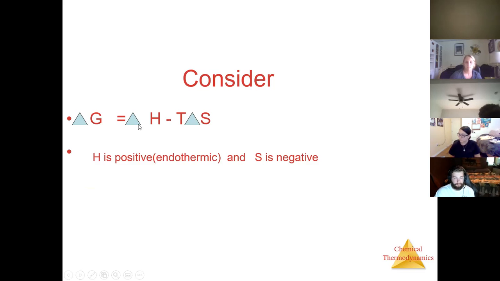Positive. And I'm subtracting what kind of number from it? Negative. So I'm subtracting a negative number from a positive number. What is delta G? Positive. It doesn't matter what the temperature is in these circumstances. Delta G is always going to be positive because delta H is positive and I'm subtracting a negative number from it.